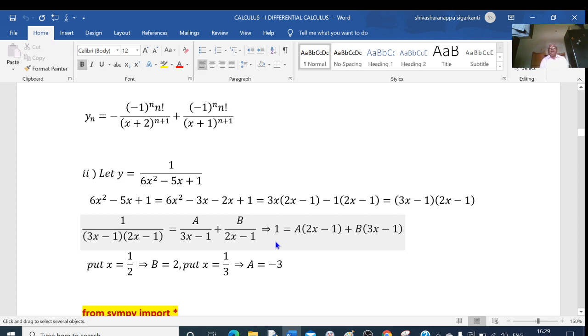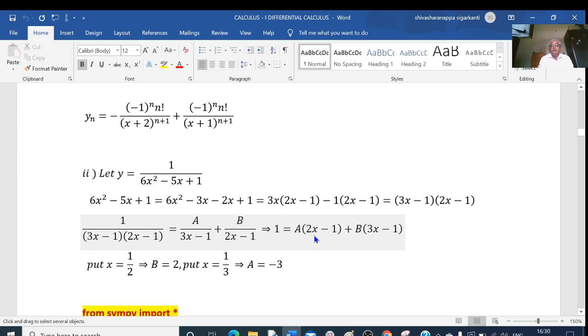Next, to find the value of a, I have to make this bracket 0. To make this bracket 0, I have to make this term equal to 1. To make this term equal to 1, I have to put x equal to 1 by 3. Okay. So put x equal to 1 by 3, left hand side 1 itself. And this becomes 0. Here I am putting x is equal to 1 by 3.